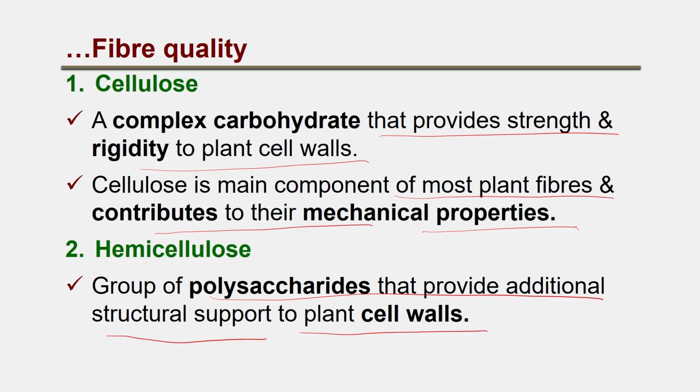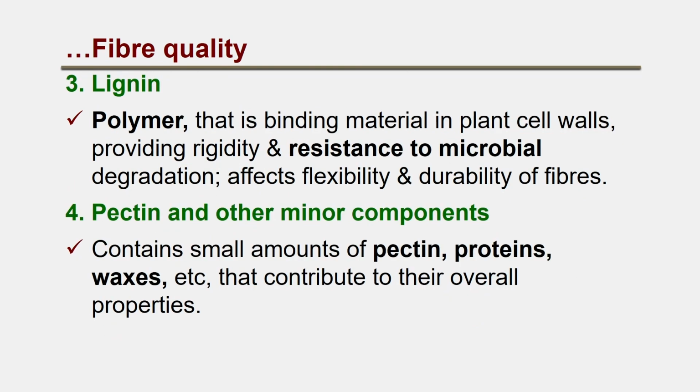So cellulose, hemicellulose, pectin and lignin are the important constituents. Lignin is a polymer that is a binding material in plant cell walls, providing rigidity and resistance to microbial degradation, and it affects the flexibility and durability of the fiber.